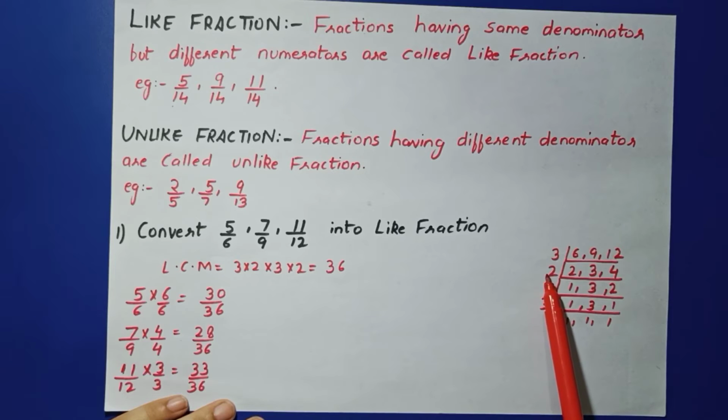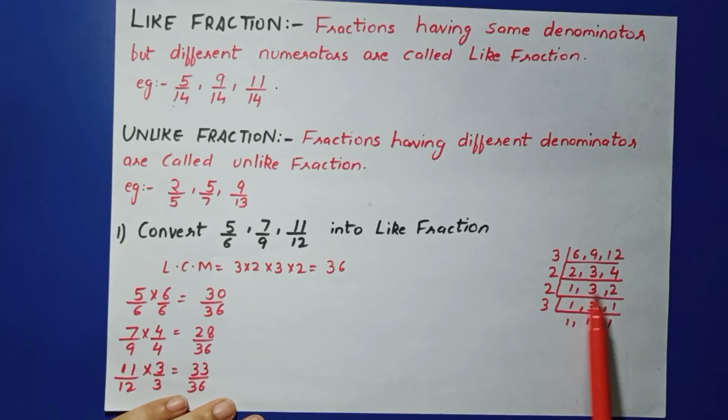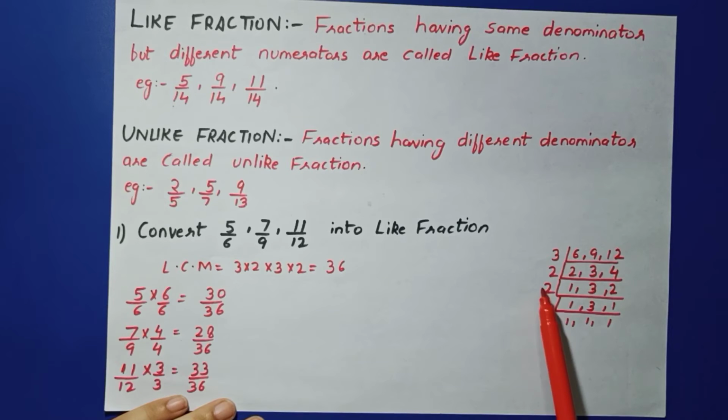So we'll divide by 2. 2 1s are 2, 3 is not divisible by 2, so we'll write 3 as it is. And 4, 2 2s are 4. So now 3 and 2 remain. Again we'll divide by 2. 2 1s are 2 and 3 is not divisible by 2, so we'll write 3 as it is. Now 1, 3, 1.